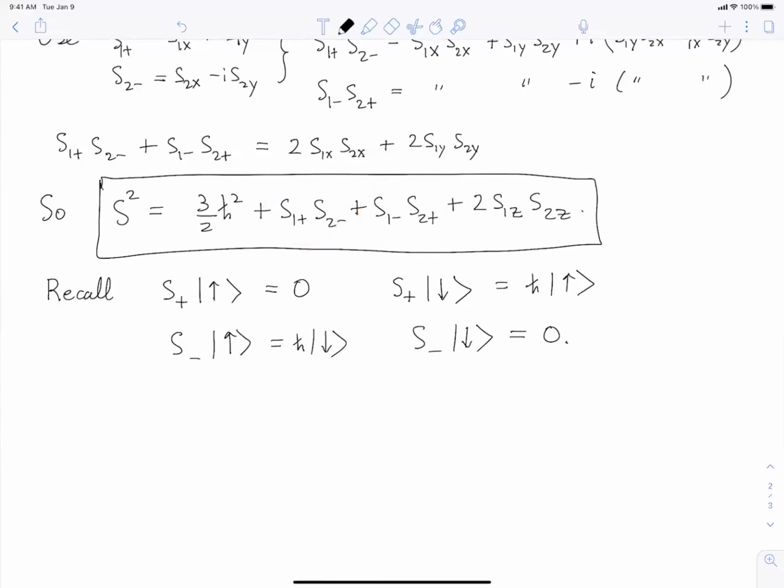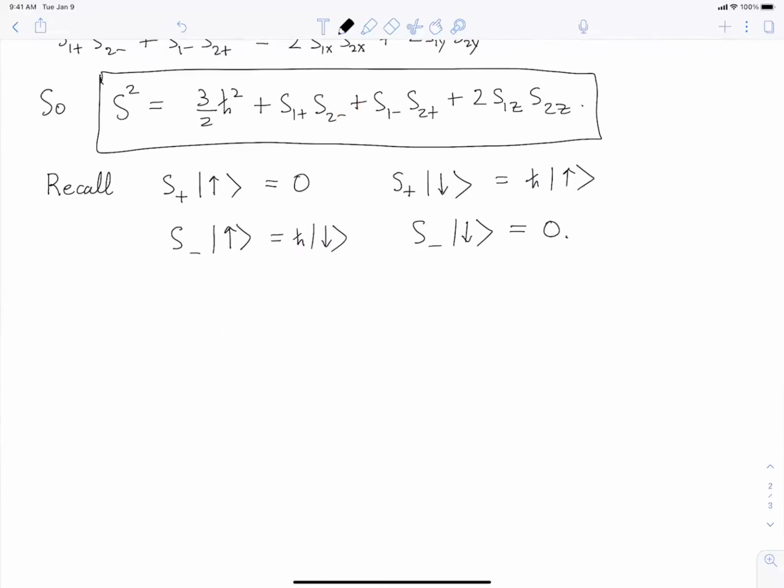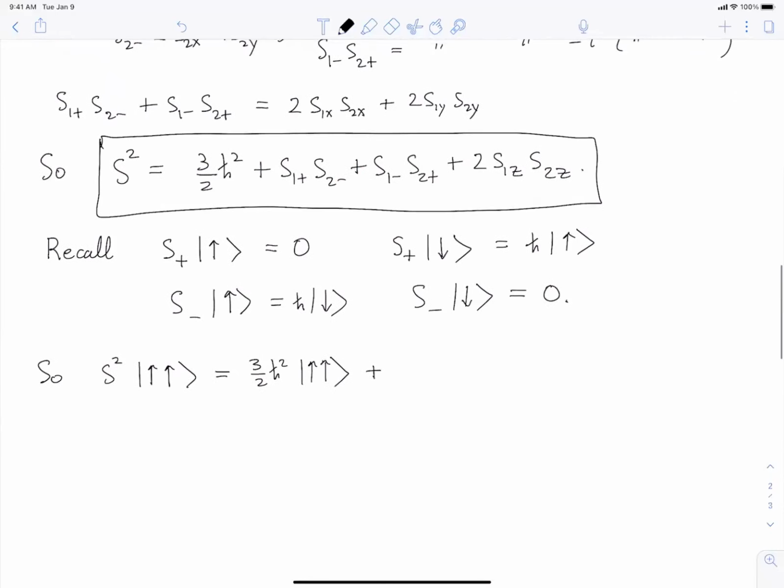So let's go ahead and do that for each of our basis states in the product basis. So S squared acting on up arrow is going to have the following terms. There's going to be the 3/2 h bar squared times the same thing back again. Okay, and then for the terms with S1 plus and S2 plus, those are both going to give 0 because in both cases we're trying to raise a spin that's already pointing up.